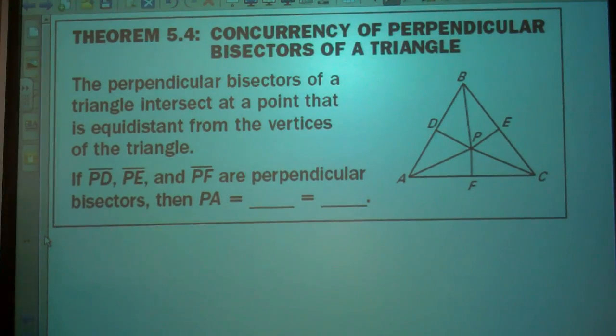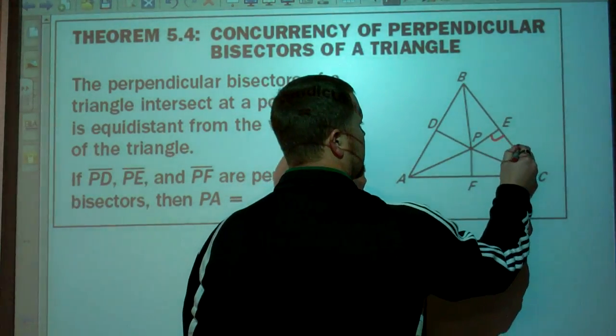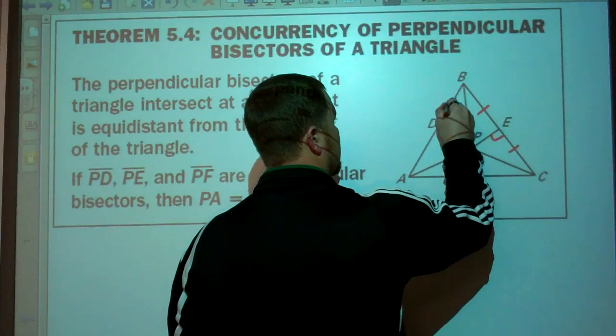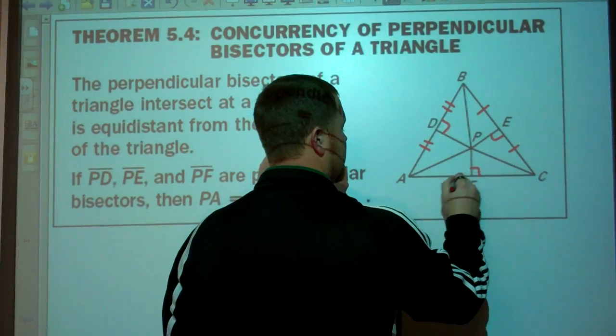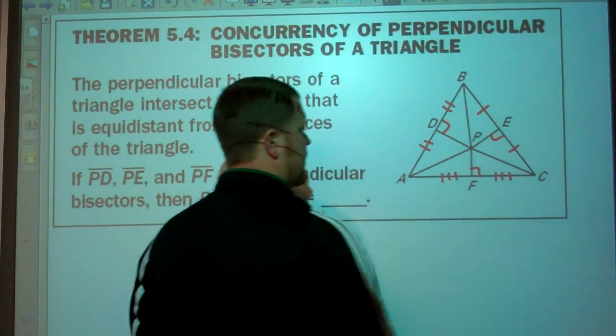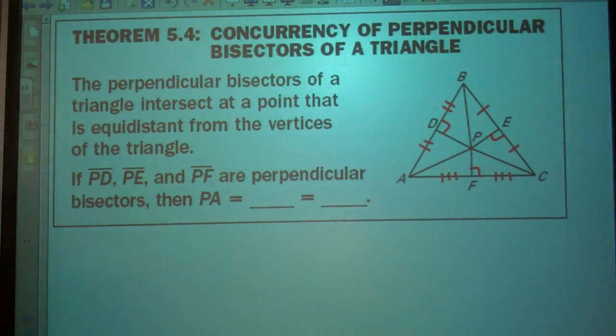Now, the perpendicular bisectors of a triangle intersect at a point that is equidistant from the vertices of the triangle. Say segments PD, PE, and PF are perpendicular bisectors. Perpendicular, congruent. Perpendicular, congruent. They're all perpendicular bisectors.